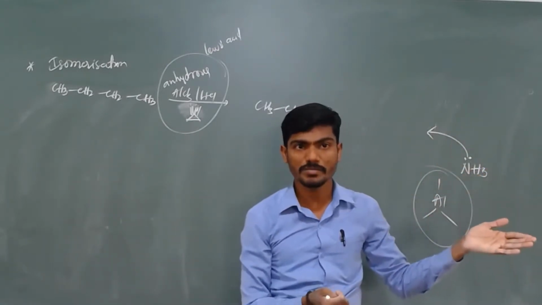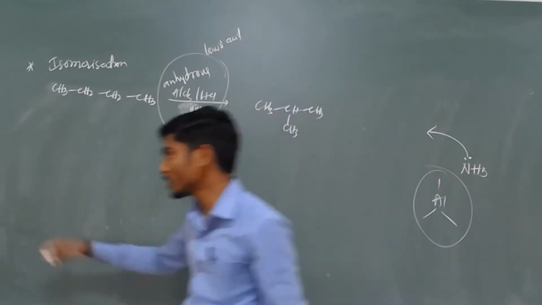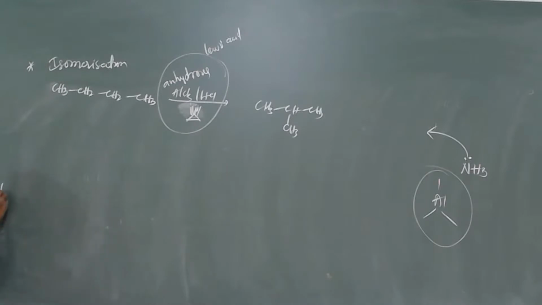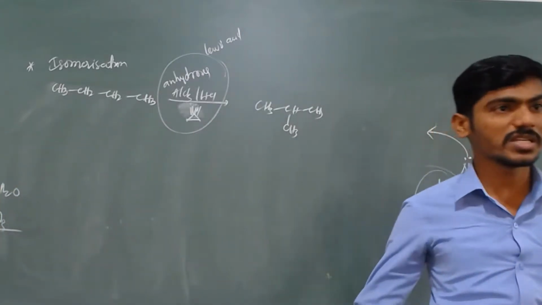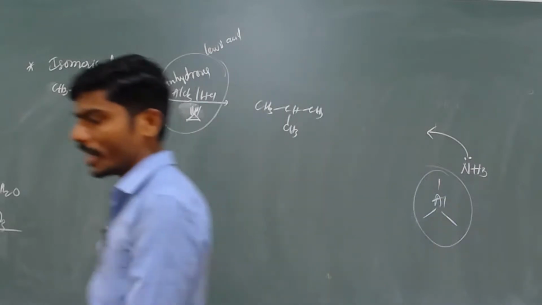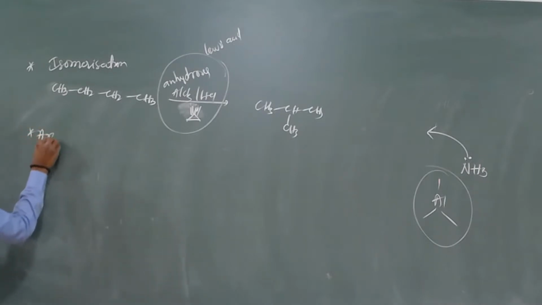Carbon is a non-metal. Its oxides are acidic because when carbon dioxide dissolves in water, CO2 plus H2O gives H2CO3, carbonic acid. So it is acidic in nature. Right. Next, aromatization: formation of an aromatic ring.